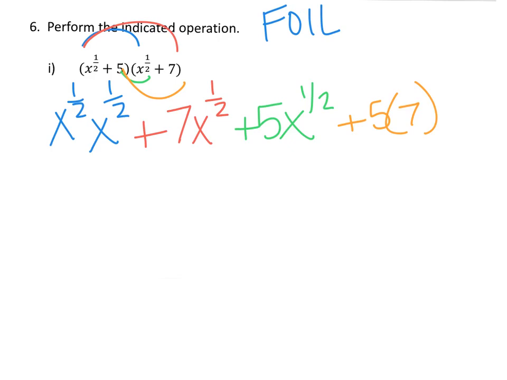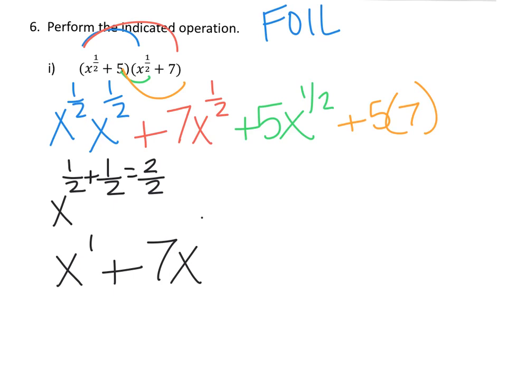So x to the 1/2 times x to the 1/2. We're multiplying exponents with the same base, so we're going to keep the base and add the exponents. And so that's going to give us x to the 2 over 2, which of course is 1, plus, bring down the 7x to the 1/2, plus 5x to the 1/2, plus 5 times 7 is 35.